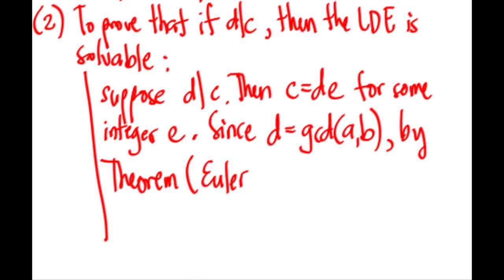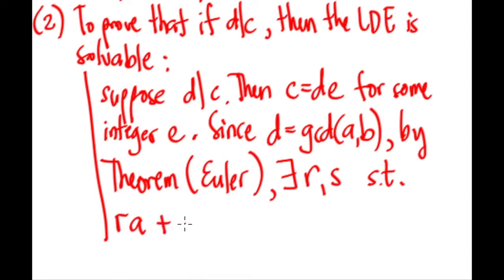Therefore there exists a certain R and S such that R A plus S B equals D. This is by the statement of the theorem that if the GCD is equal to this D, then there exist some R and S such that it is a linear combination of those numbers.